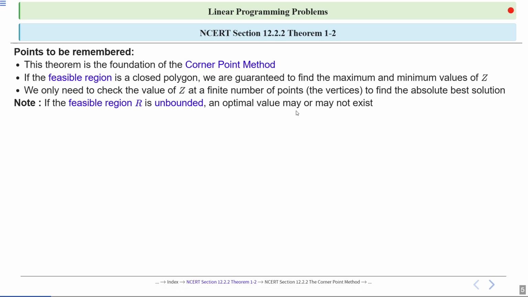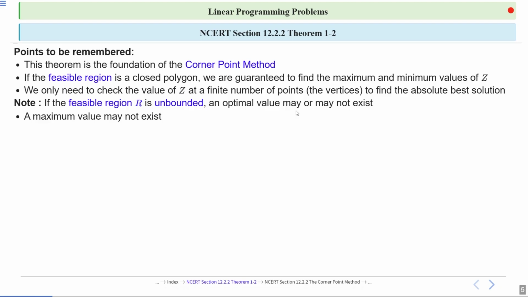So now let's note this point. If the feasible region R is unbounded, an optimal value may or may not exist. This means that even if the region extends infinitely, the objective function might still reach a maximum or minimum, or it might not. A maximum value may not exist in a set if the elements can grow indefinitely.